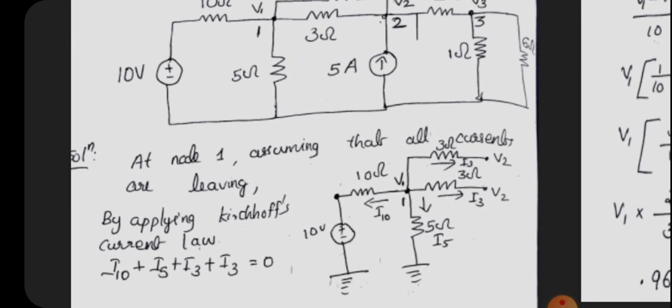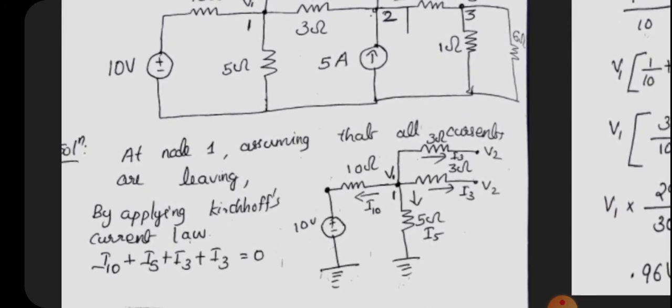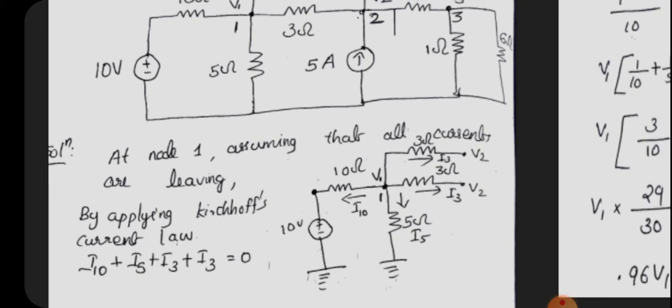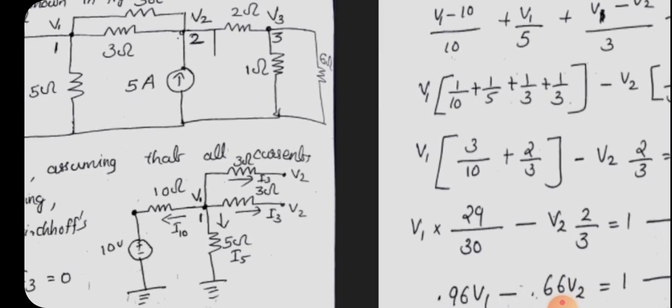So we can write I10 plus I5 plus I3 plus I3 equals 0, where the current through the 10 ohm is I10, through the 5 ohm resistor is I5, and through the 3 ohm resistor is I3. In the next step I can write the equations.